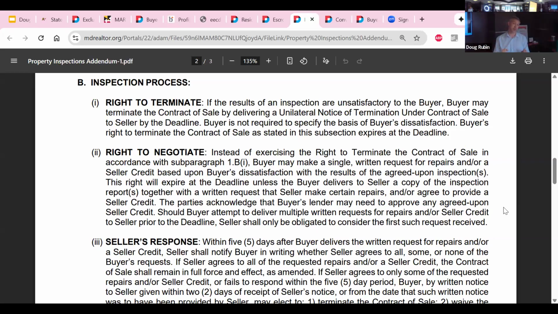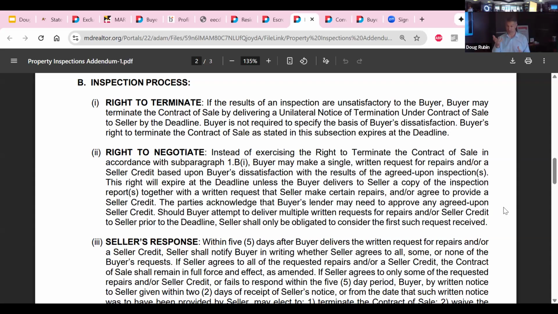And please be super, super specific with your request. That's the other way I see things going south. Don't just write like roof. Write something like, patched roof by licensed contractor per recommendation 3F. Be really, really specific so the seller isn't interpreting what you want.